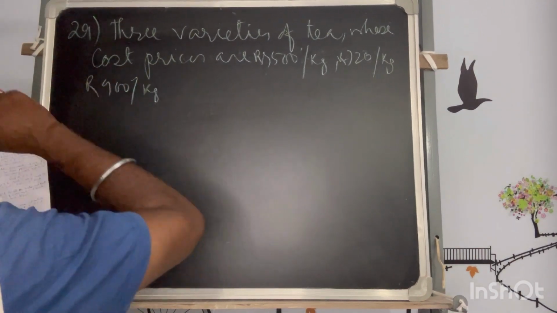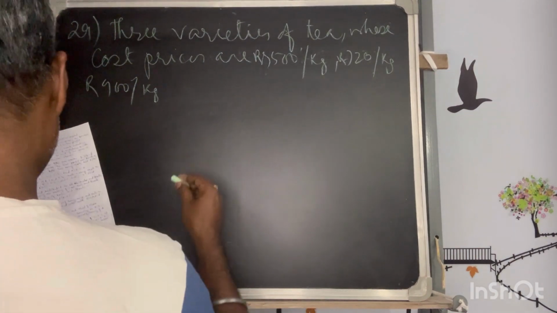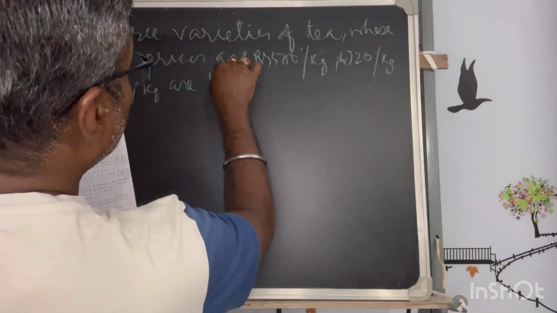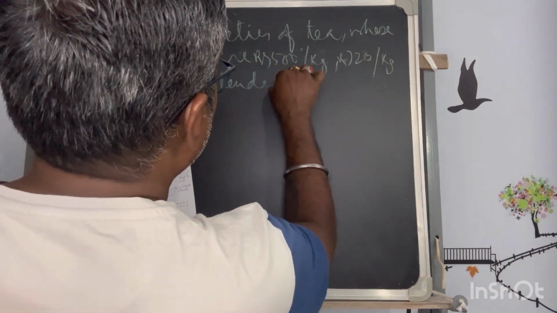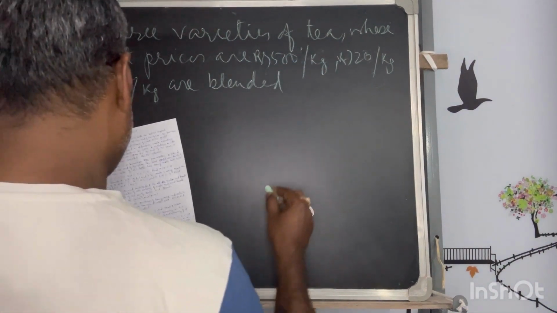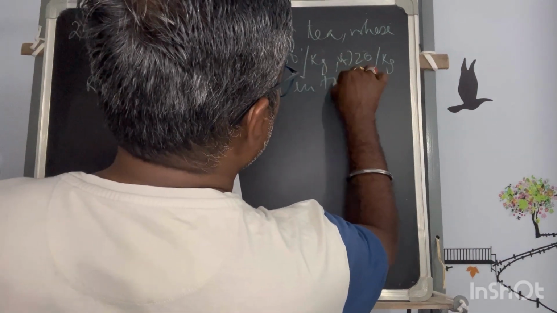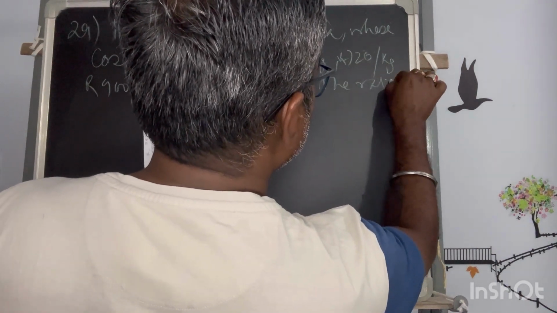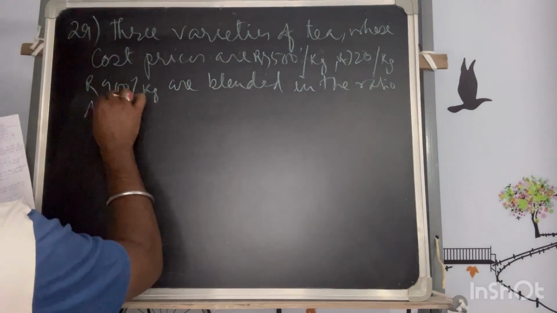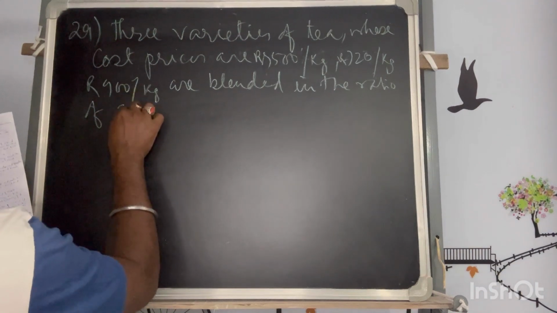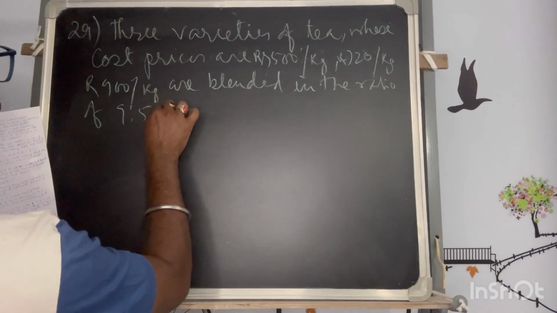These are the three varieties which are blended in the ratio of 9:5:11.